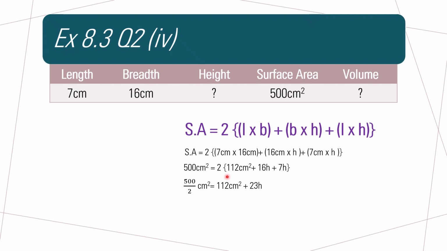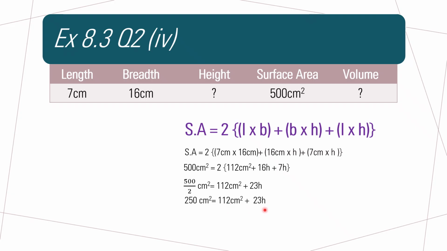Here this 2 is multiplying, so on the other side it will divide. So we will divide this area by 2 and we will get 112 cm² plus 16 plus 7 is 23h cm. So after dividing 500 by 2, we get 250 cm². Now we have 112 cm² plus 23h cm on this side.